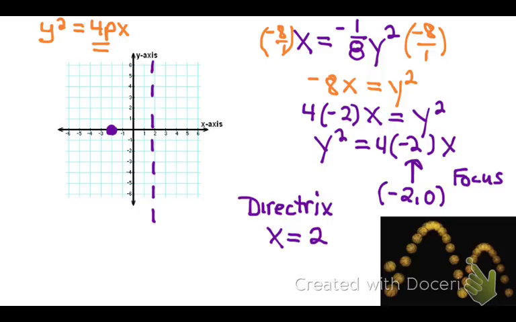So now we have an idea how to graph this, and our graph would look something like this. We can see that our focus to the parabola is equidistant from the parabola to our directrix. If we wanted to be precise, we could make a table of values, sub in values for x, and solve for y. But we're going to look at 2 more examples.